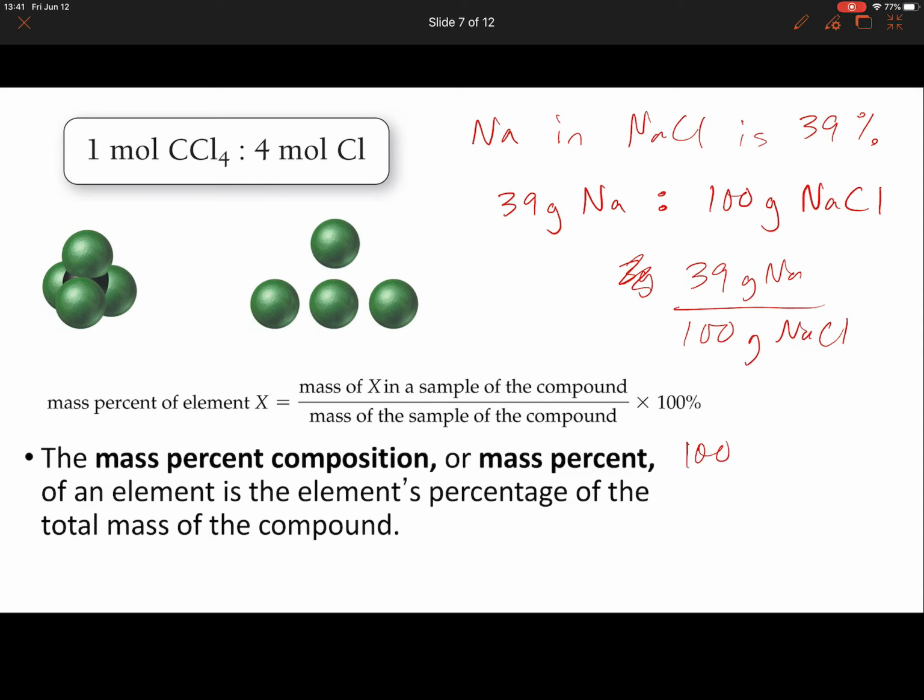We could say that there's 100 grams NaCl over 39 grams Na. Well, how would this be useful to us, right? But didn't we just do, in a previous problem, we figured out what the weight of sodium would be inside a particular amount of sodium chloride? We could have done that problem much easier. In fact, we can actually use this answer to solve the FDA problem from earlier.